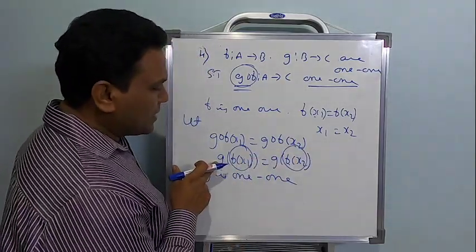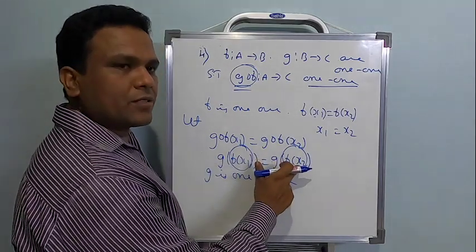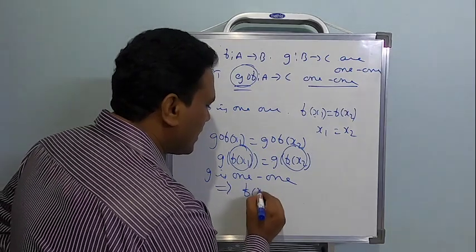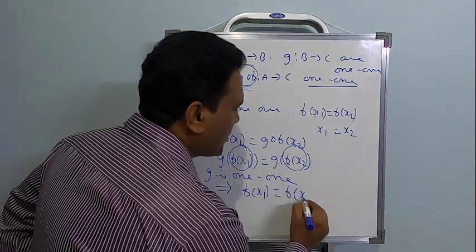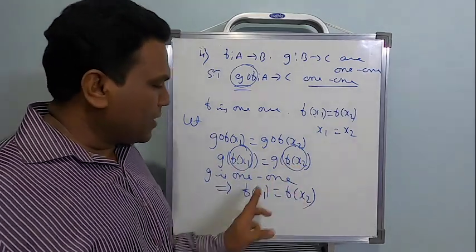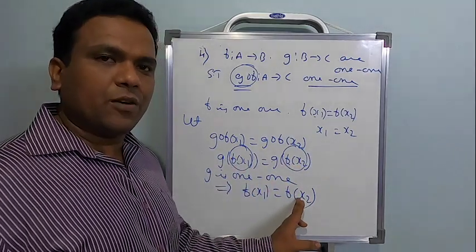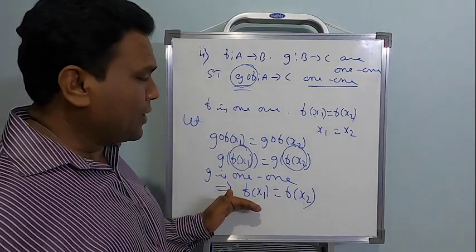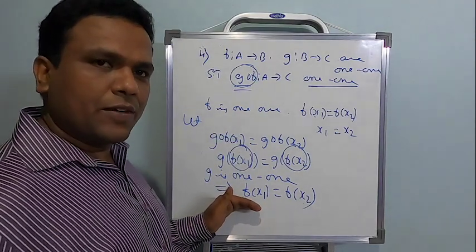It is something like g of x1 equal to g of x2. g is already 1-1. This suggests that f of x1 should be equal to f of x2. g is 1-1, so whatever is inside g, those two elements also should be equal. So g of x1 equal to g of x2 will get you f of x1 equal to f of x2.